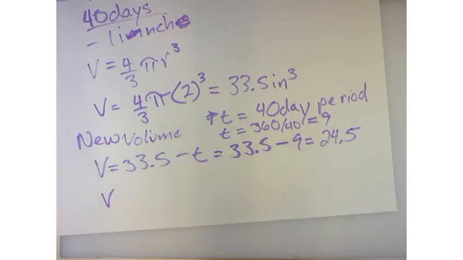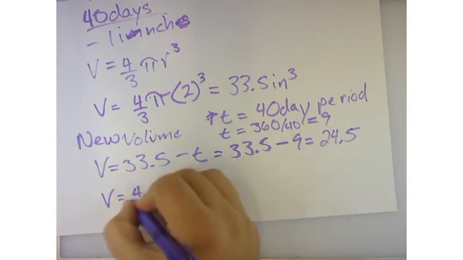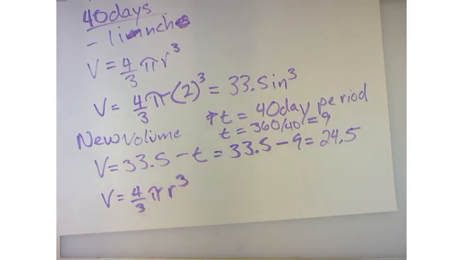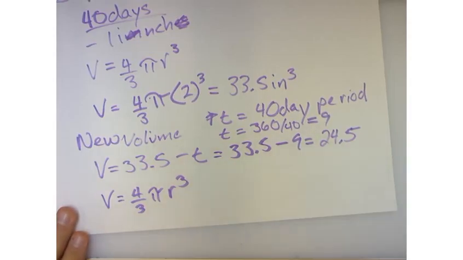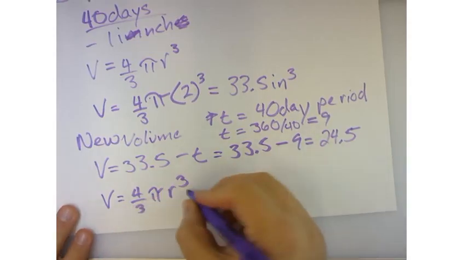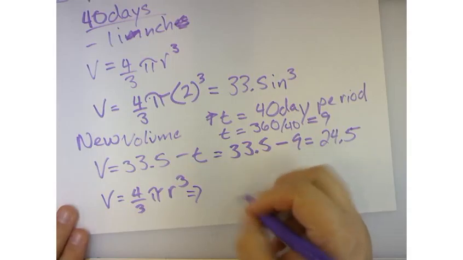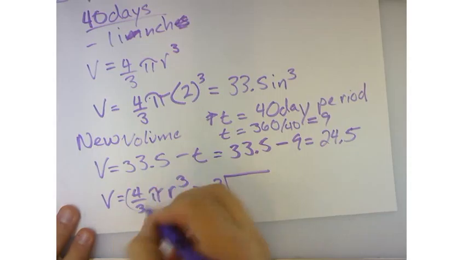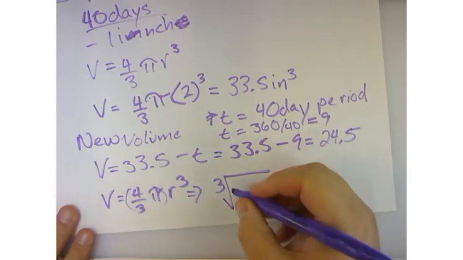Well, I would say the volume is equal to 4/3 pi r cubed. And so I can algebraically solve for r, right? I would take the cube root, and multiply by the reciprocal of this.